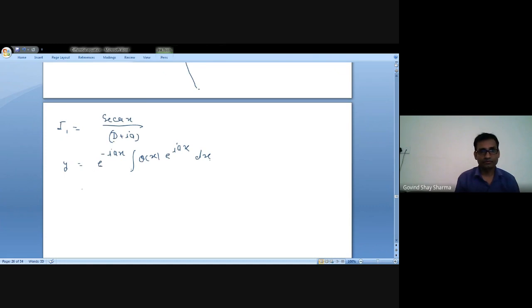So Q(x) is equal to sec ax, and e to the power iax we can write as cos ax plus i sin ax. So sec ax times (cos ax plus i sin ax) dx.